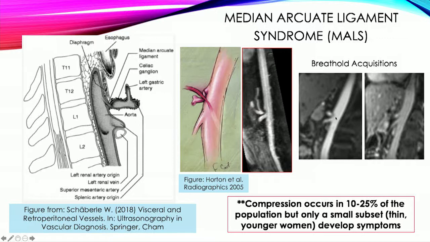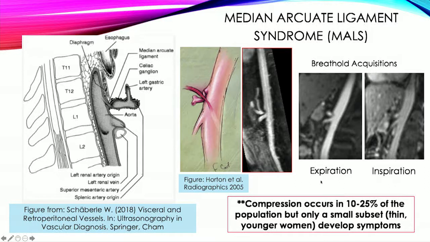Depending on whether you're using end expiration versus breath holding in inspiration, you can see a big difference, and it should really reverse, and patients should be asymptomatic. But sometimes that narrowing is fixed, and it's often a patient who doesn't have atherosclerotic disease. It's really just due to that anatomic abnormality or variant.